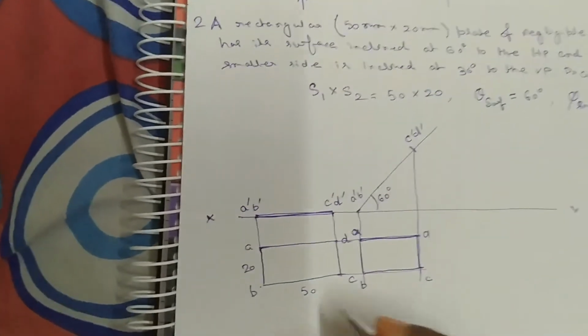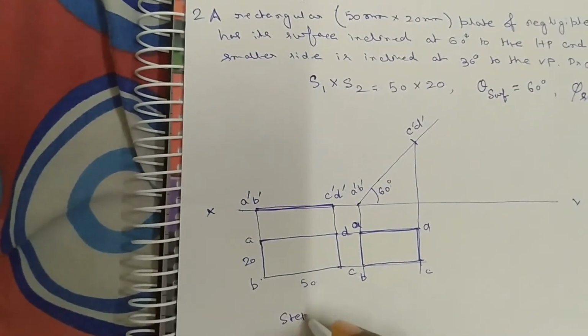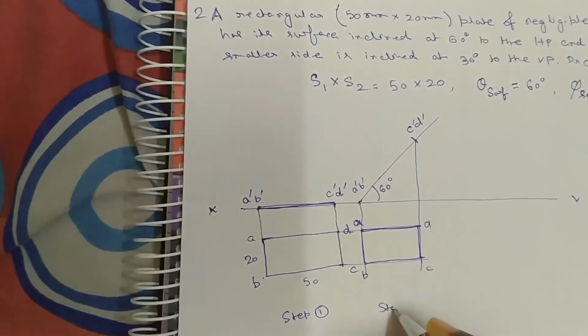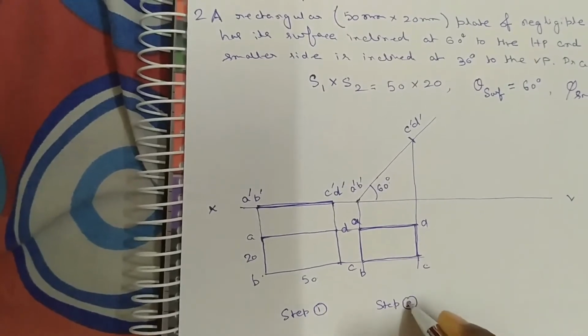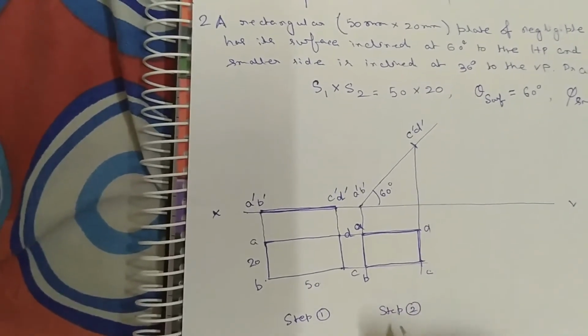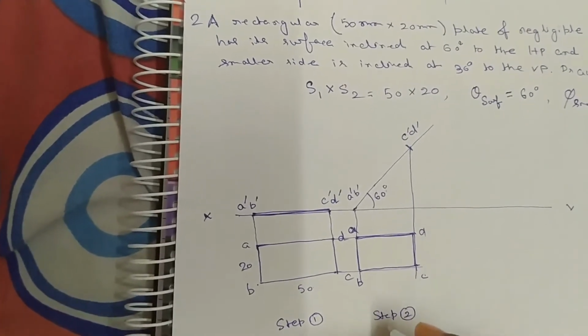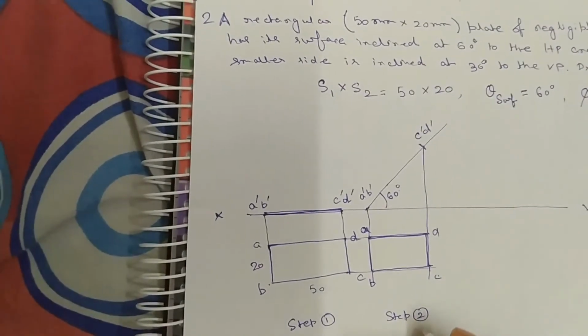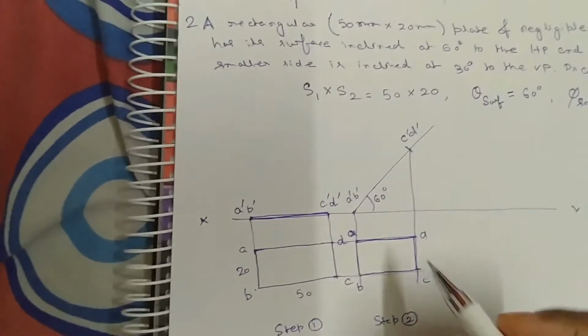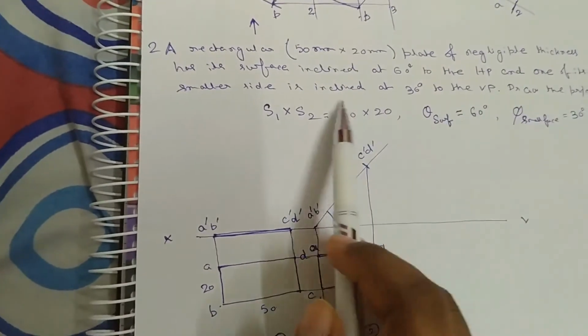This is our step 1, this is step 2, means our surface inclination is already over.